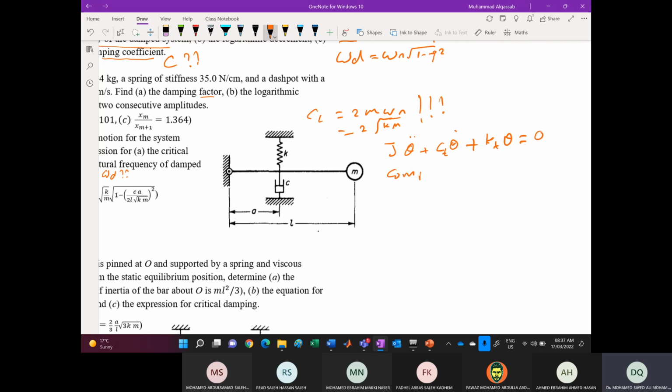This is obtained from Newton's second law: sum of moment about a pivot point equal to J theta double dot.